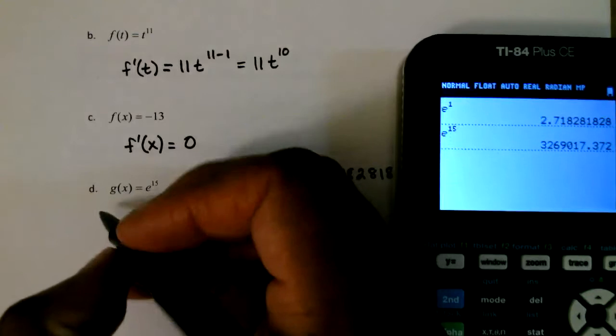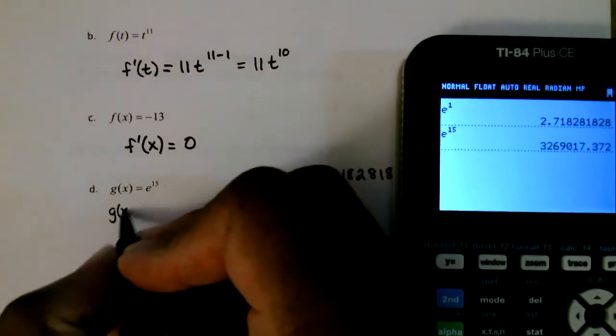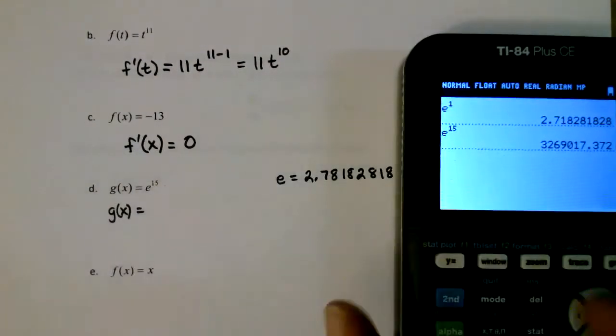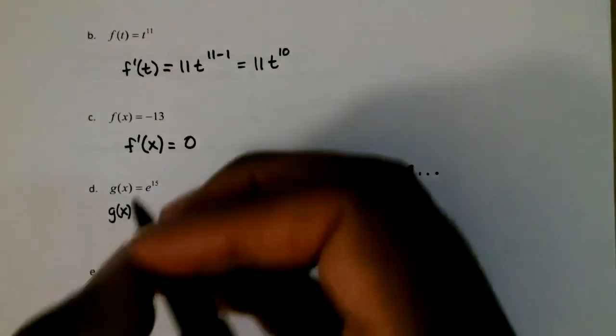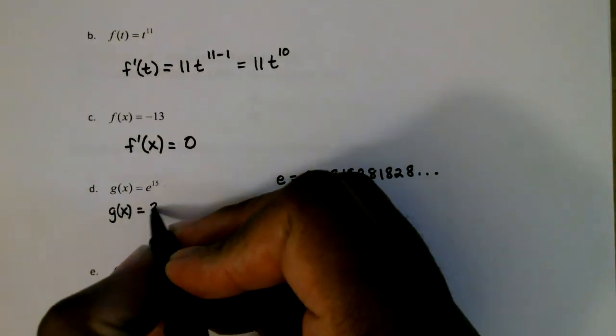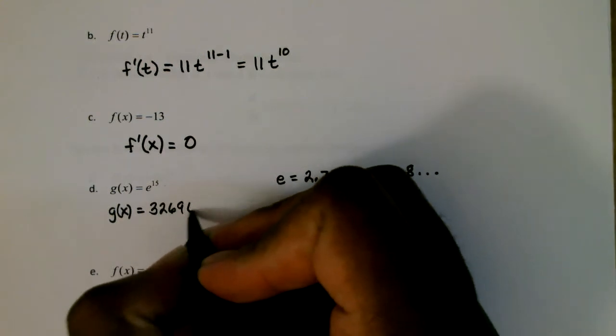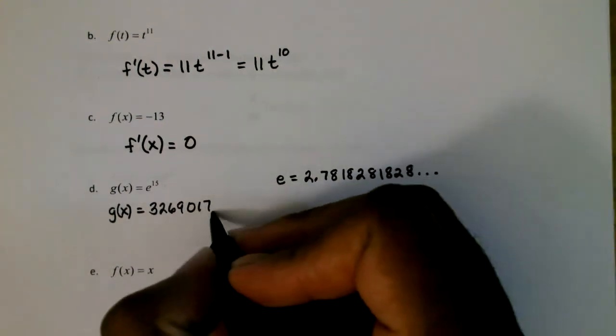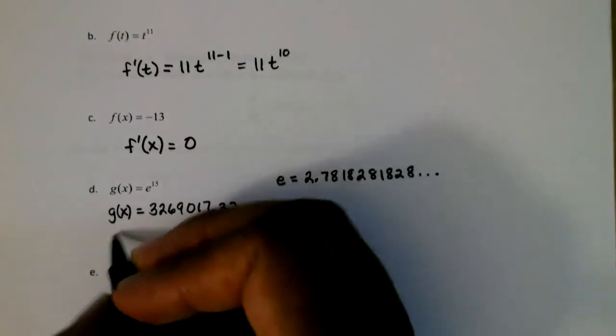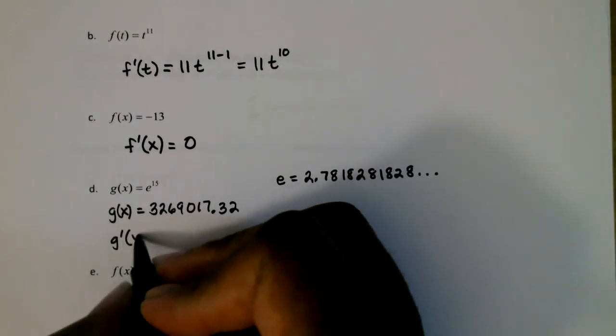Okay. Now, if you want to, you can write g of x as equaling that amount, 3,269,017.372, and take its derivative.